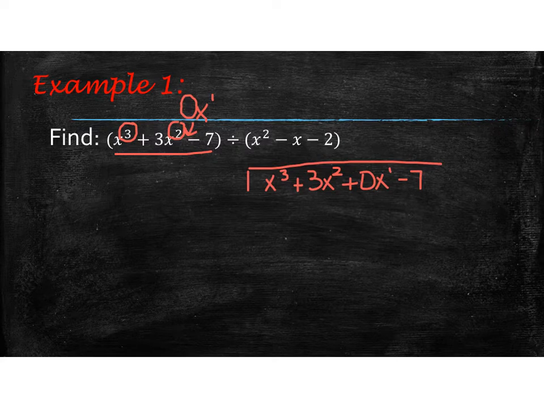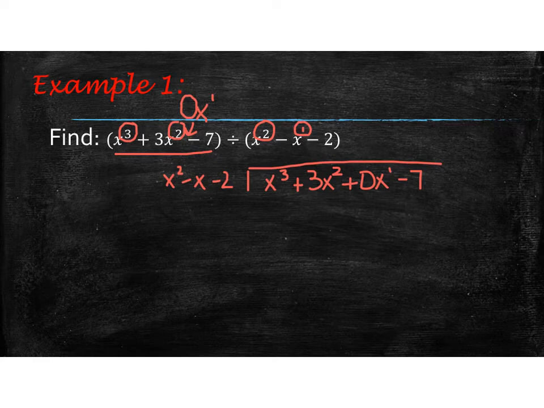Now you want to do the same thing in your divisor. You want to make sure that you're not missing any terms. So we start with the power of 2. This next one would be a power of 1 and then a power of 0. So this is not missing anything. So we're just going to write it all down. x to the second minus x minus 2.